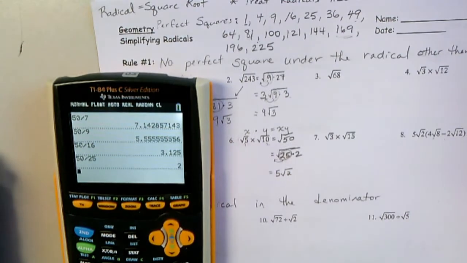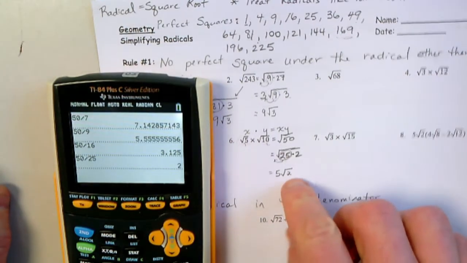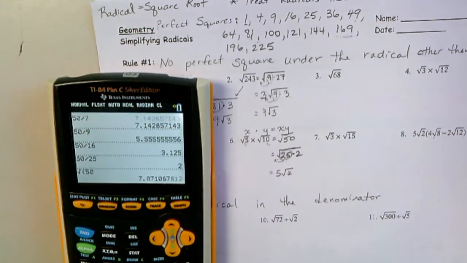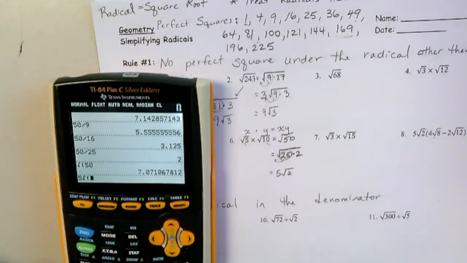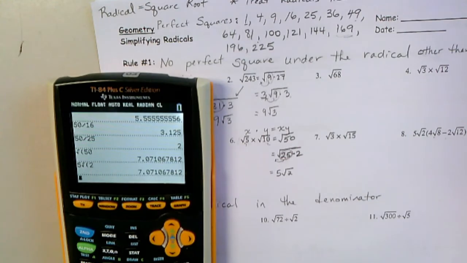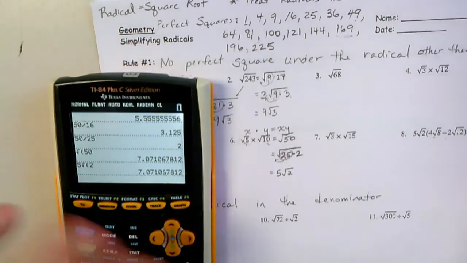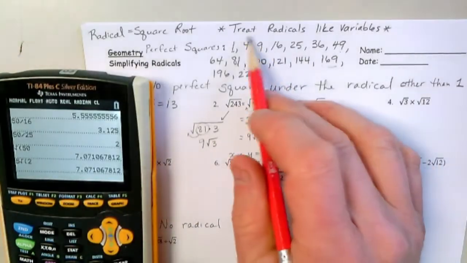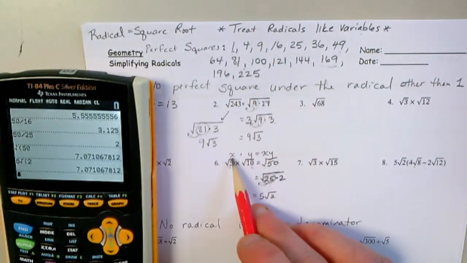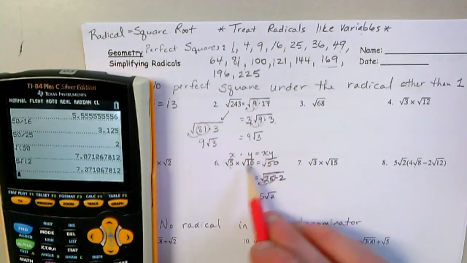And we have that right there. Okay? Now, if this is the simplified form, the square root of 50 should be the same thing as 5 square root 2, right? Okay? Exact same. So again, what's the big thing I want you to know? Treat radicals like variables. So we can take x and multiply it by y, get xy.